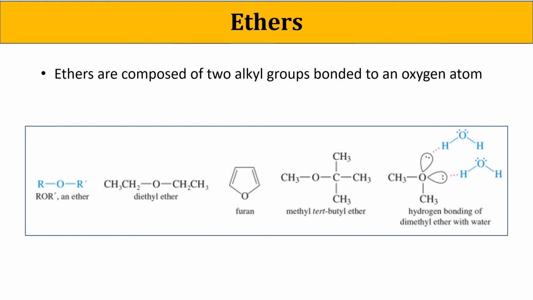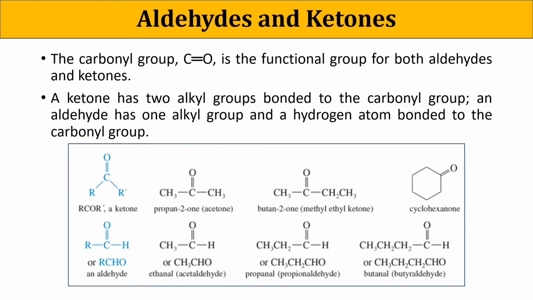Ethers do form hydrogen bonds with hydrogen bond donors such as alcohols, amines and water, enhancing their solubility with these compounds. Ethers are often named from the names of the alkyl groups and the word ether. Diethyl ether is the most common ether, used for starting engines in cold weather.